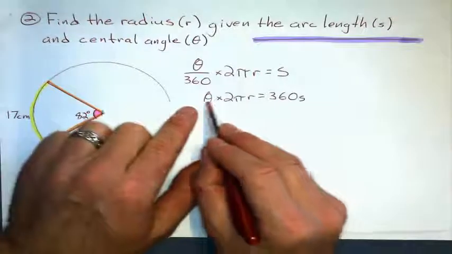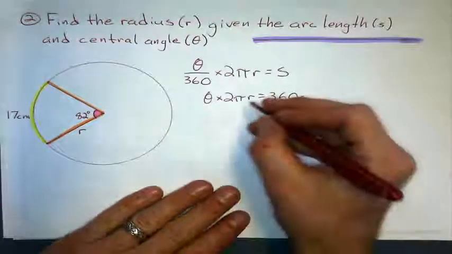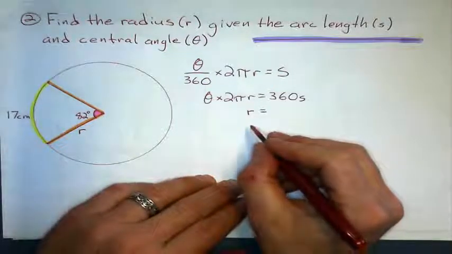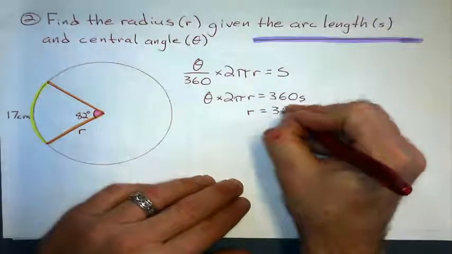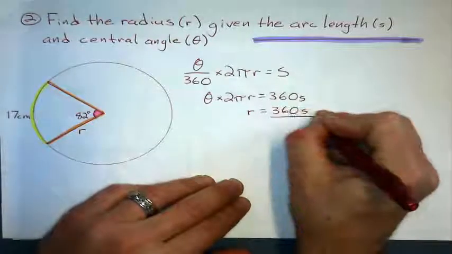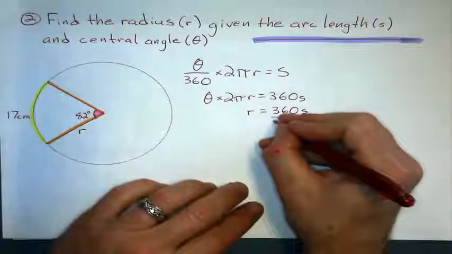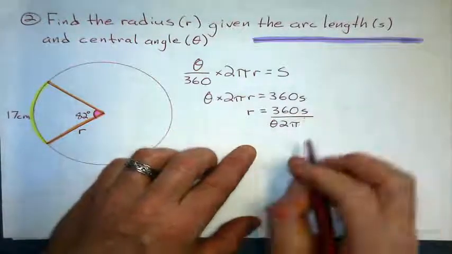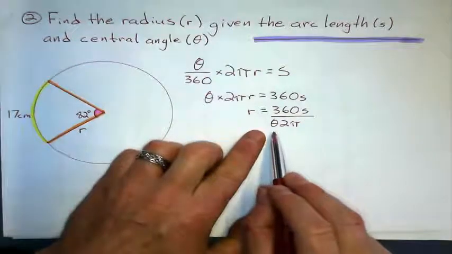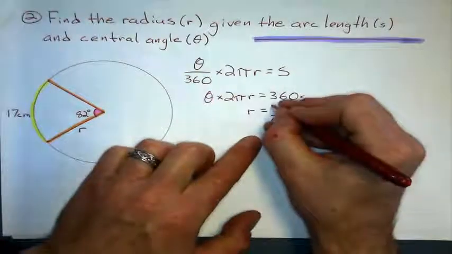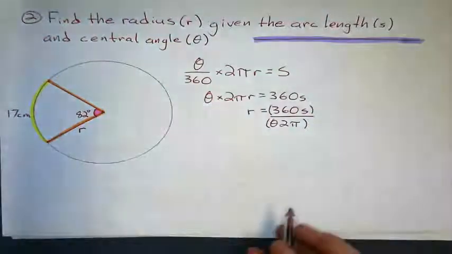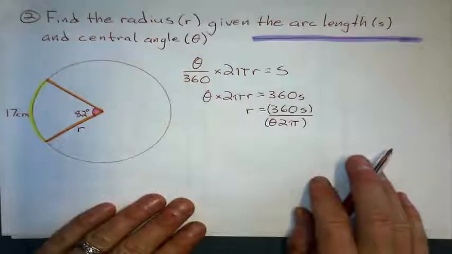Now I want to get r by itself, and these are all connected by multiplying. So to unconnect them by multiplying, I'm going to divide. So I'm going to say 360 times my arc length divided by the angle, and 2, and pi will give me that radius. Now when we do this on the calculator, we might want to put some brackets around here like that so we don't make any mistakes.